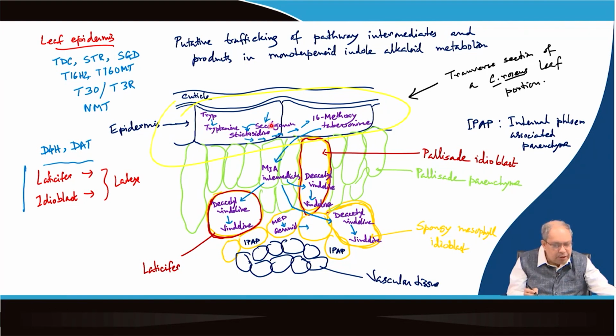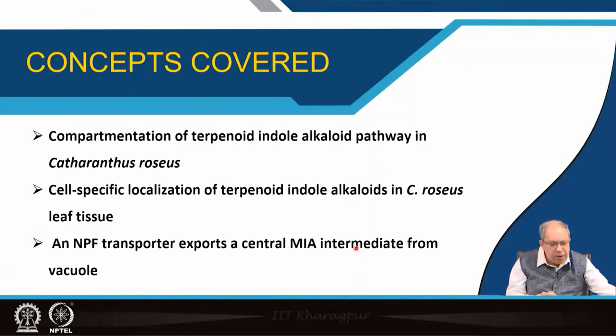And also I have mentioned that these laticifers and idioblasts are the cells which accumulate latex and the last monoterpene indole alkaloids, which are apparently more toxic. So, they are basically stored in the latex, so that it will not hamper the normal cells of Catharanthus roseus and leaf cells.